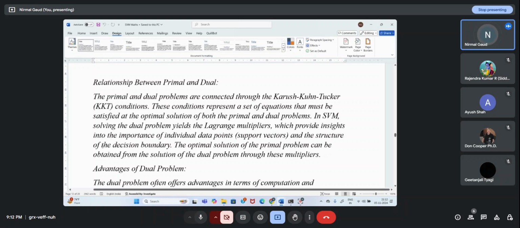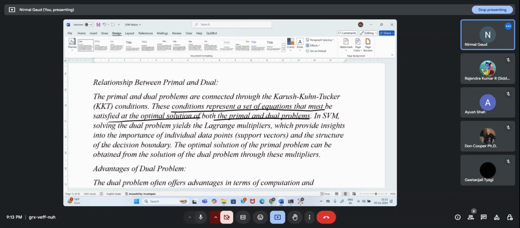These conditions represent a set of equations that must be satisfied at the optimal solution of both the primal and the dual problems. So we have some set of conditions that need to be satisfied while solving the primal problem and the dual problem, and that is said to be KKT conditions.